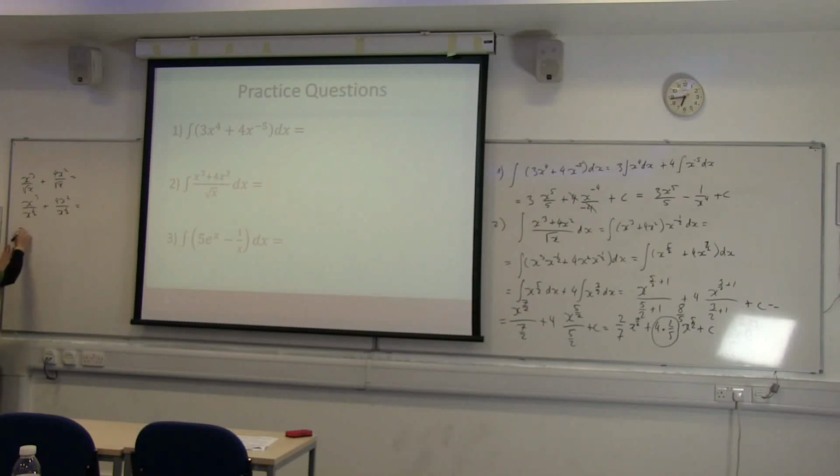So I will end up with x, was that 5 over 2, plus 4 times x to the 3 over 2. Yeah, because you're skipping it. It's one step less, but the final answer is exactly the same. So it doesn't matter which one you pick out first, you will end up with exactly the same answer. So problem solving in mathematics, different routes, but still lead to the same answer.